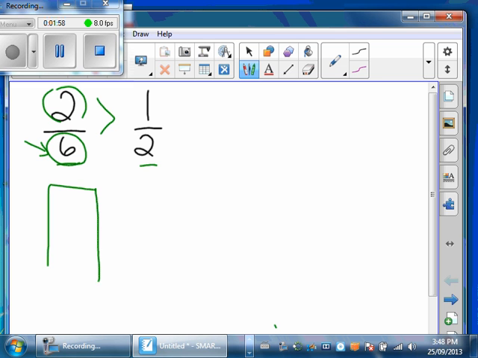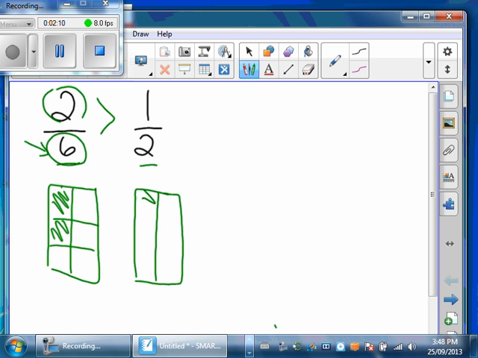Well, in this case, this one here is 2/6, and this one here is represented as 1/2. Well, in order for us to compare the two fractions, we first have to make sure that these parts are equal.